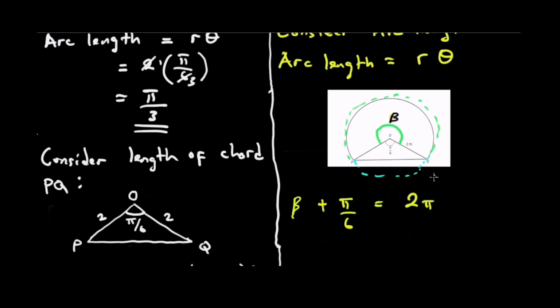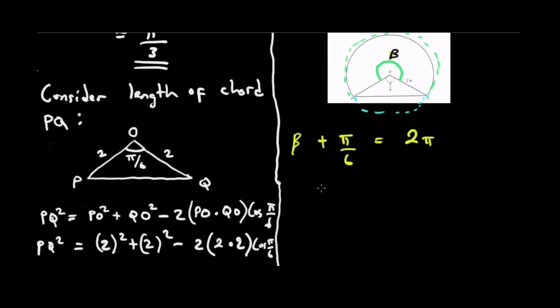So beta is equal to 2 pi minus pi over 6.